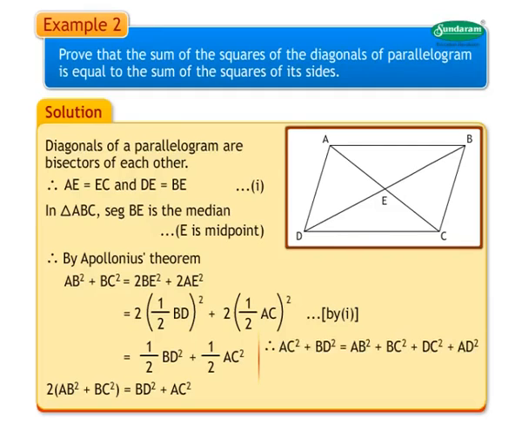Therefore, AC square plus BD square is equal to AB square plus BC square plus DC square plus AD square, as AB is equal to DC and AD is equal to BC.